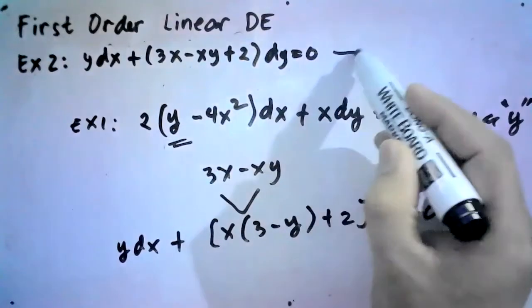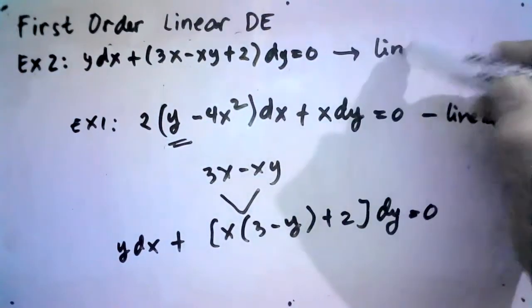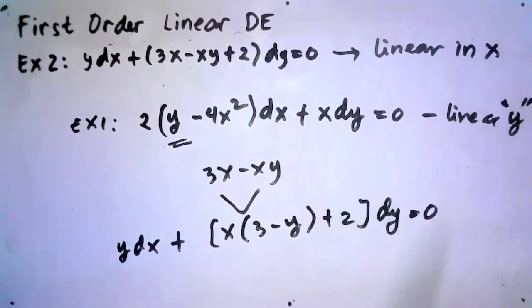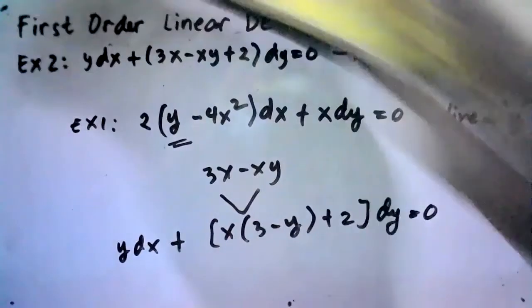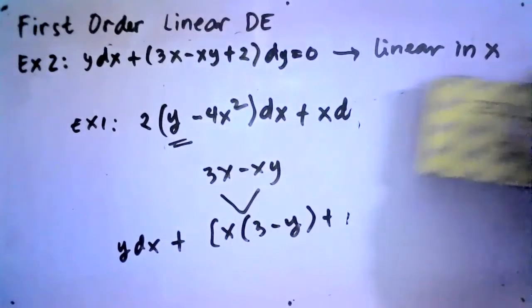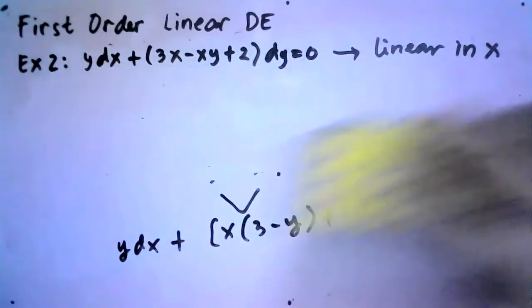Therefore, this one is linear in x. Okay, so for this problem, this is linear in x. So I will erase example 1, and then we will solve our example 2.